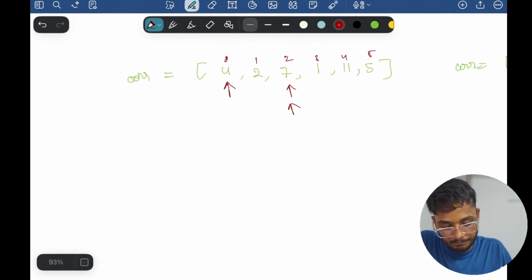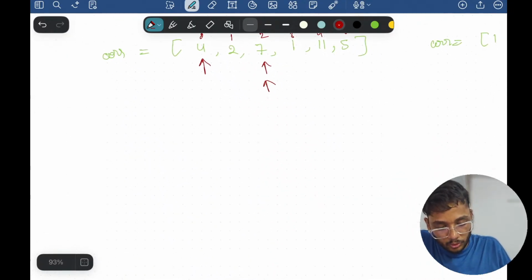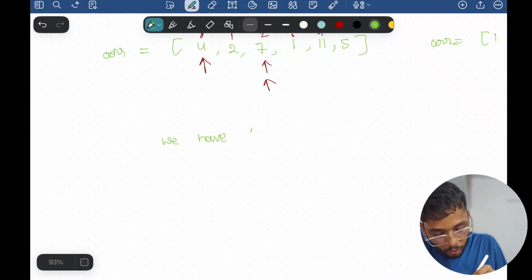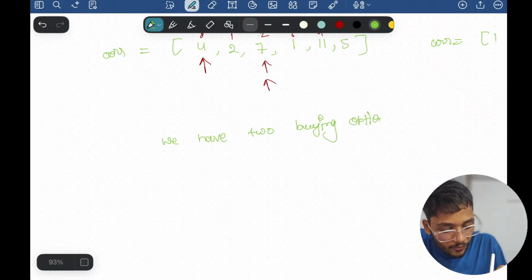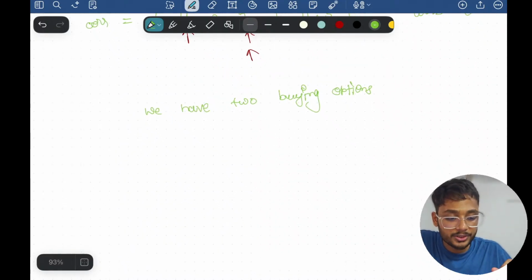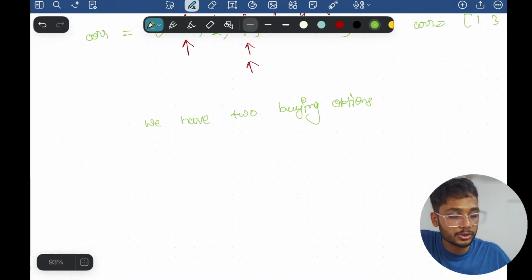Okay, so we have two buying options. Somewhere we need to track, right, what I'm thinking. Suppose, how will you decide whether I can buy a stock or not?